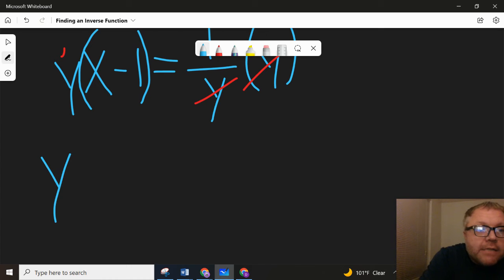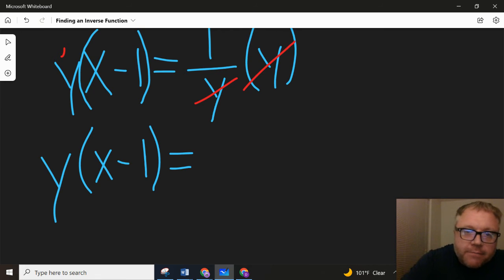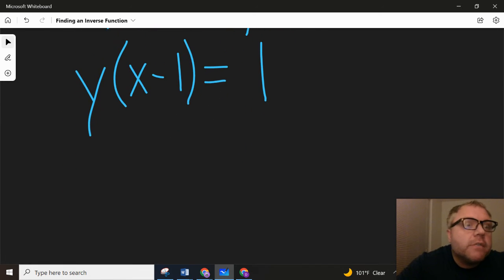After those y's are canceled, we have y times the quantity of x minus 1. It's tempting to distribute that, and that's okay if you did it. When you see it like that, that's where your brain goes. Now y is being multiplied by the quantity of x minus 1, so I'm going to divide both sides by the quantity of x minus 1.